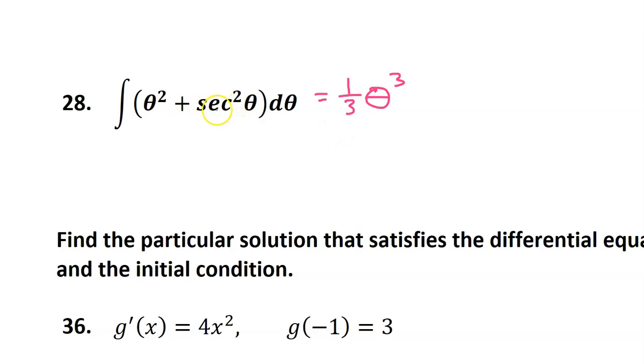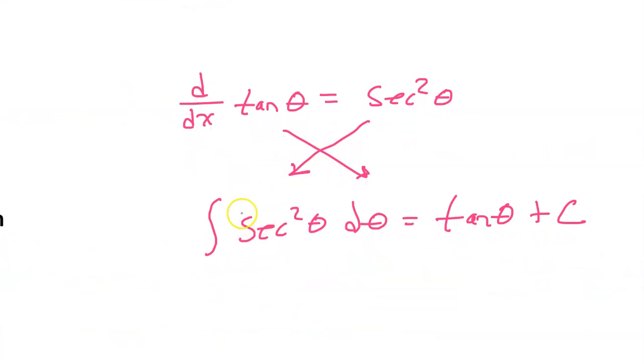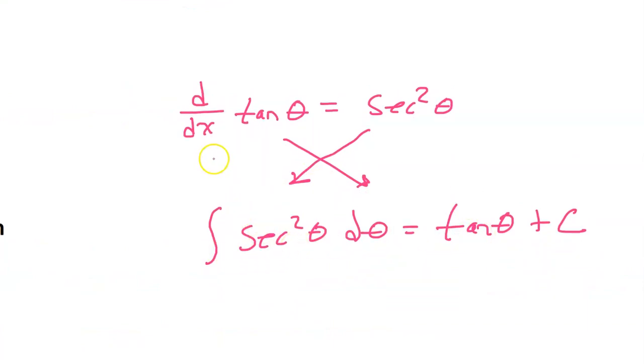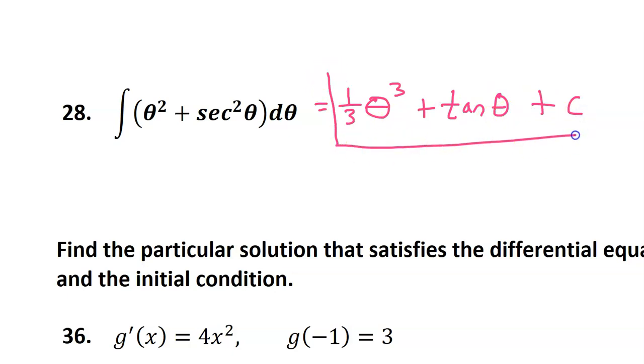But now the secant squared, there's no chain rule for integration. So that's why I reminded you of this. We just straight up know that the integral of secant squared is tangent. So we're just going to straight up have tangent theta, boom, plus c for the constant of integration. So there you go.